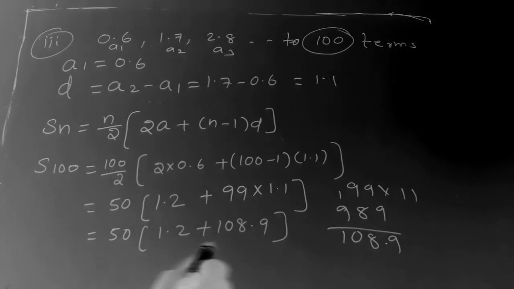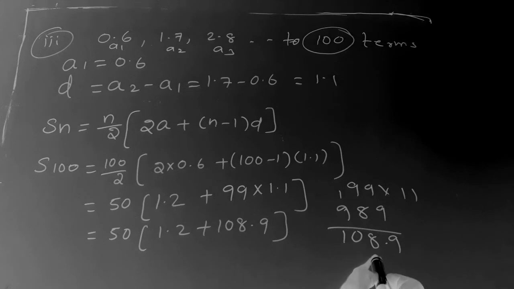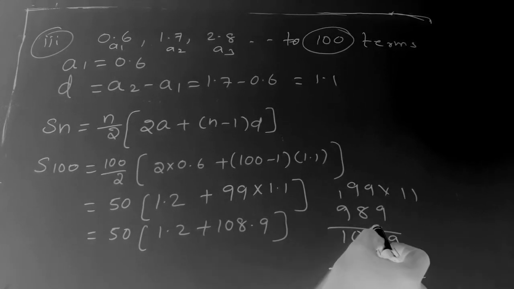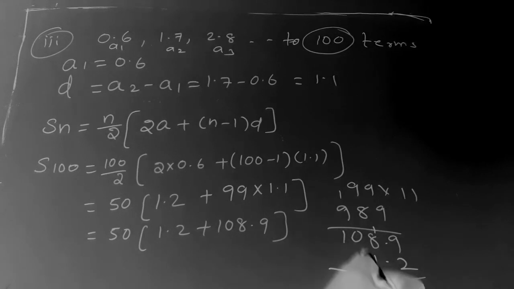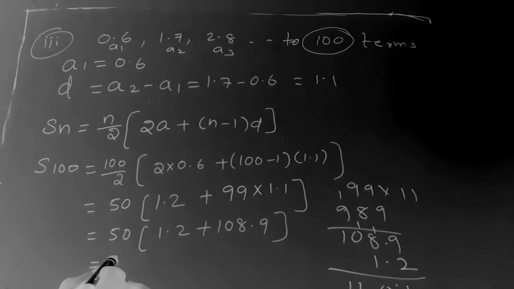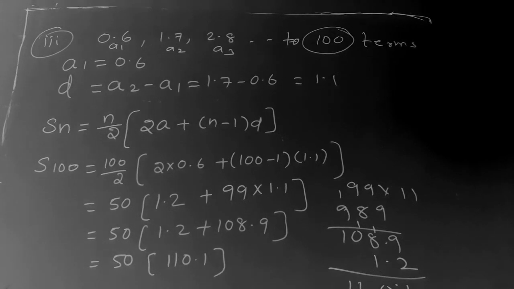Adding these two, 9 plus 2 is 11, 1 plus 8 is 9, 9 plus 1 is 10, and here 1, 1. So 110.1. So 50 into 110.1.